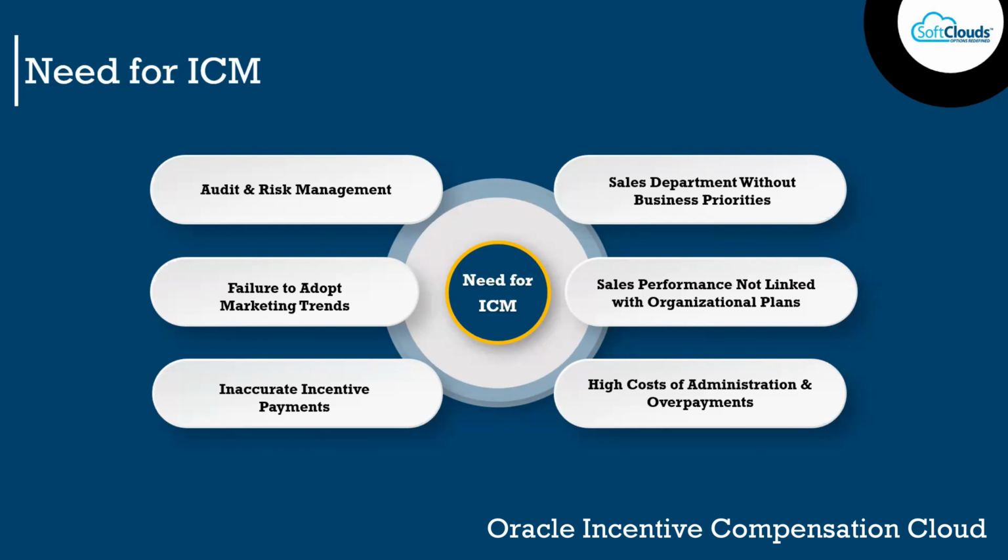As a result, you've got a high level of inaccuracy when you're making payments to the various payees, the salespeople or other people who are entitled to compensation. And there's really a lack of connection between the sales performance metrics and the plans of the organization. We'll talk about that a lot more as we go on.